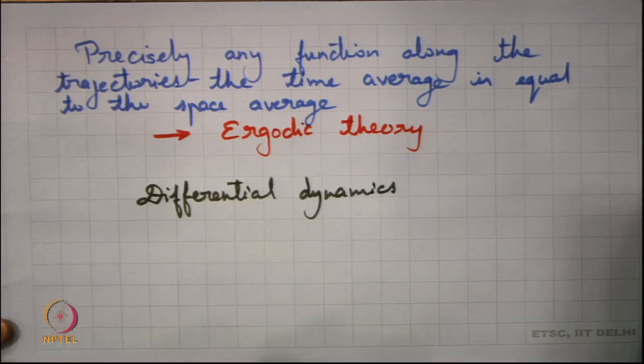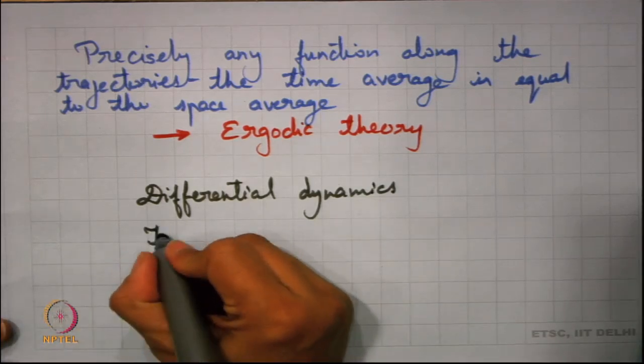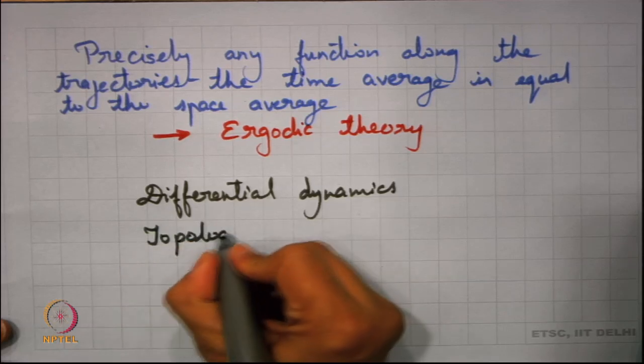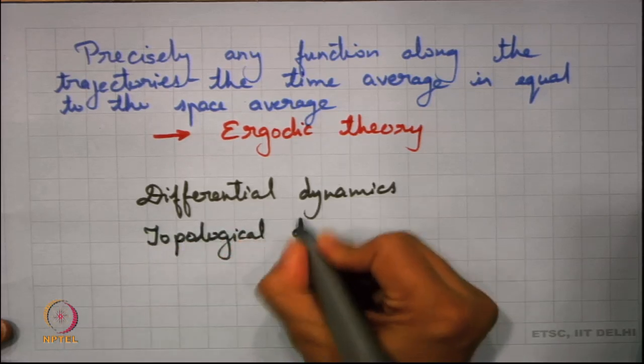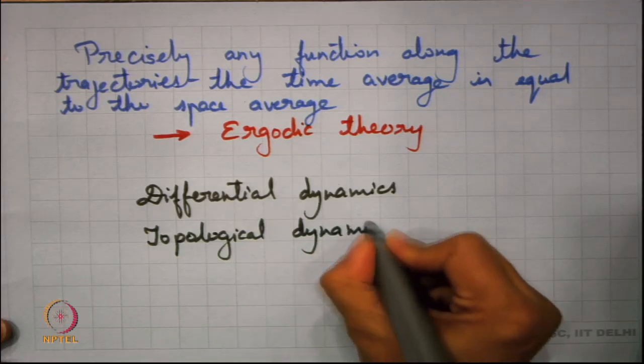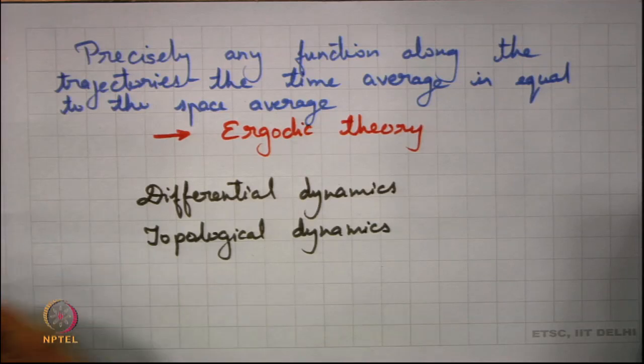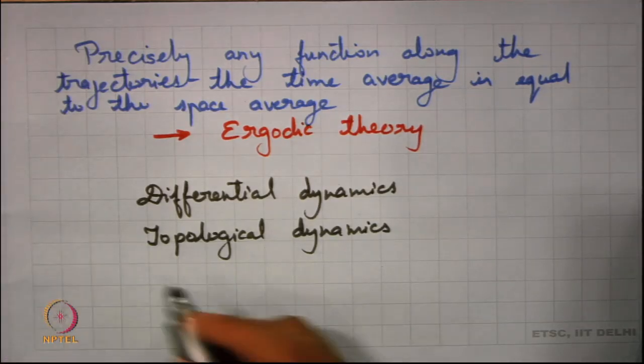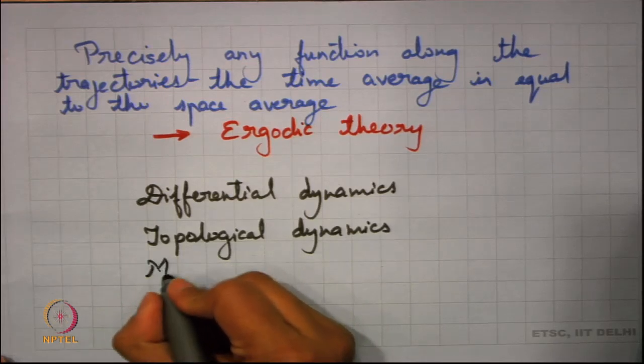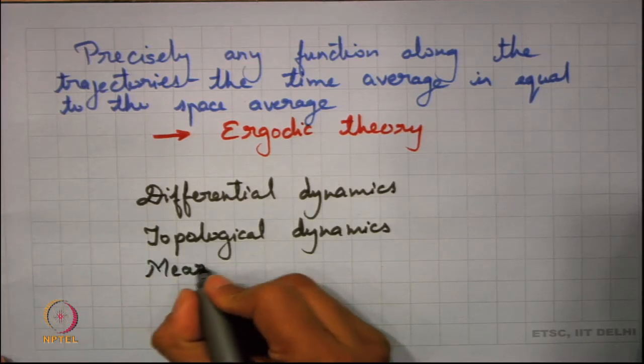When one is looking into the topological aspects of the system, one is basically studying what is called topological dynamics. When one is looking into the system without looking into the statistical property, one is essentially studying what is called measurable dynamics.